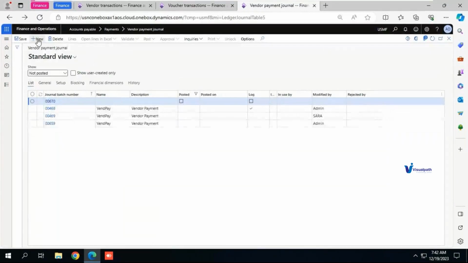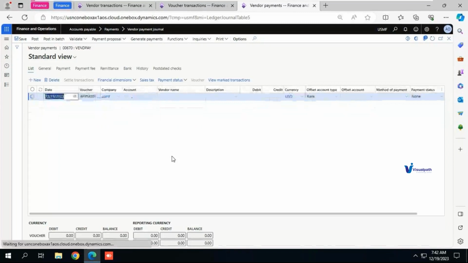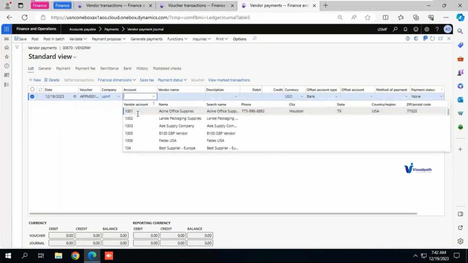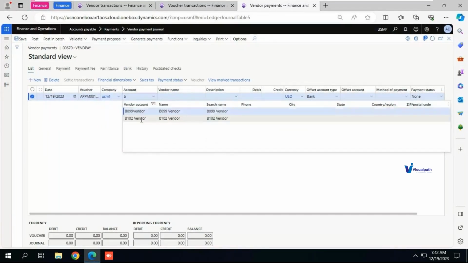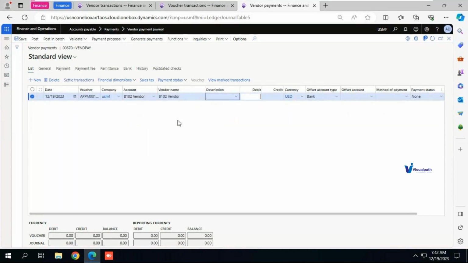Click on new, select the journal name, go to lines, select the vendor B102, click on tab. The payment is for pens, or whatever it is.